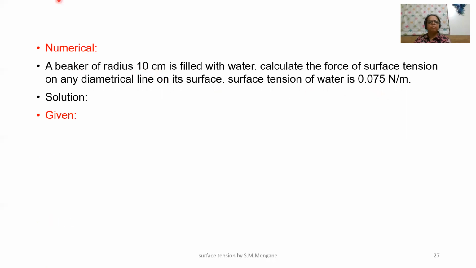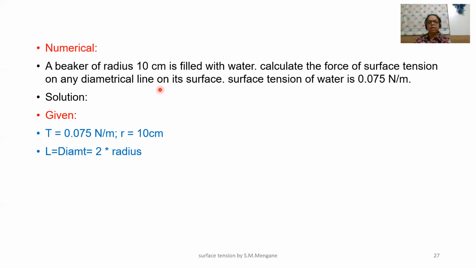To solve the problem, first write down the given data. Surface tension 0.075 Newton per meter, radius 10 centimeter, and we are asked to calculate the force of surface tension on any diametrical line.